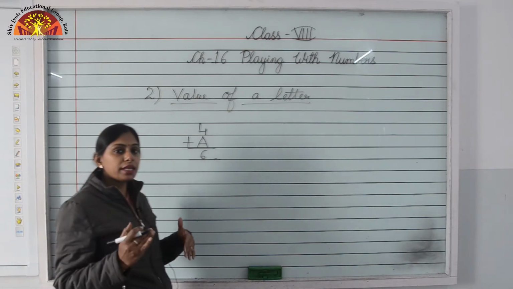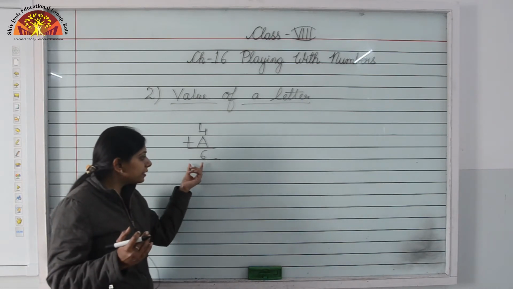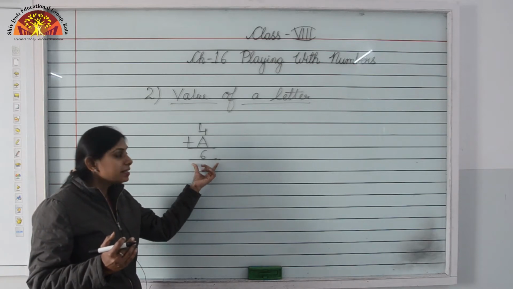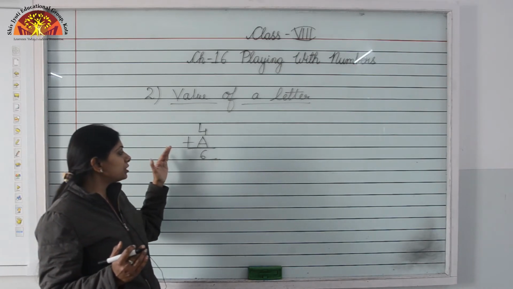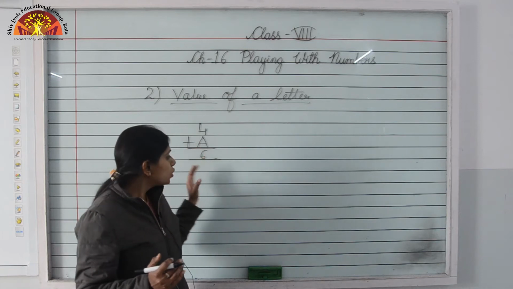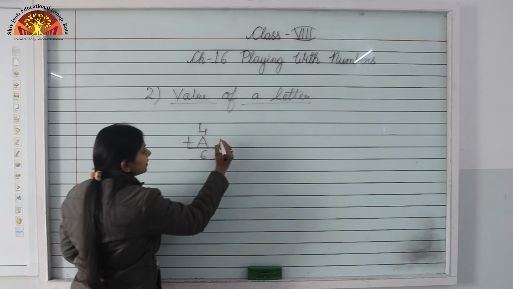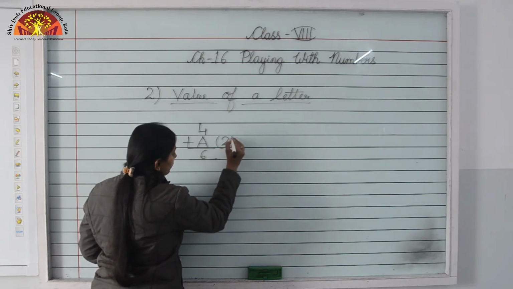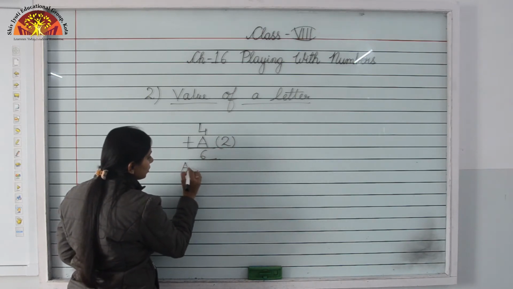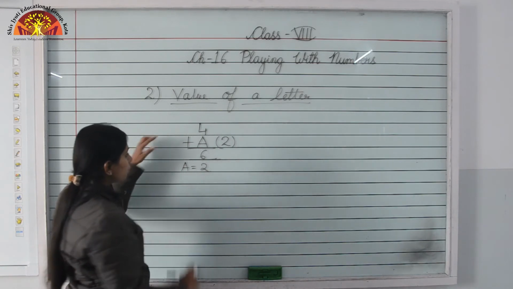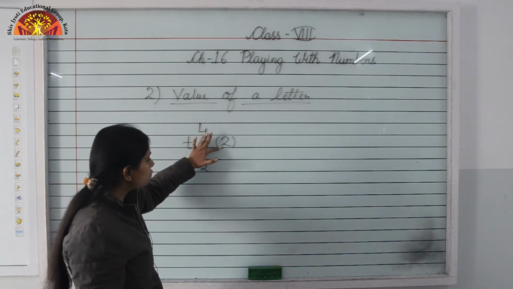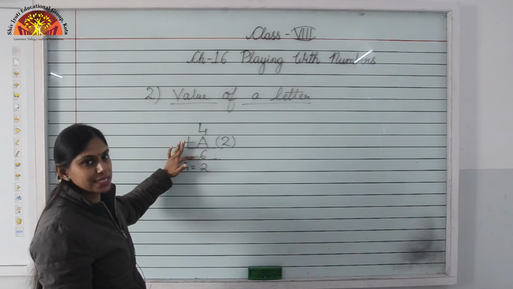So what digit will we add to 4 so that our answer is 6? That is number 2. Is it clear? So here the value of A will be 2, because 4 plus 2 is equal to 6.